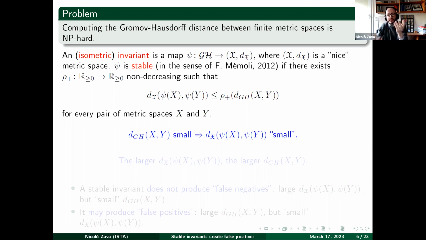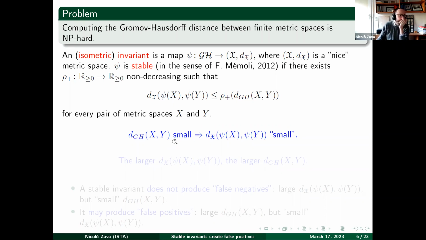In a sense, we want that if the Gromov-Hausdorff distance between two metric spaces is small, then also the distance between the invariants is small. This invariant should detect whether two spaces are close to each other, are actually similar.